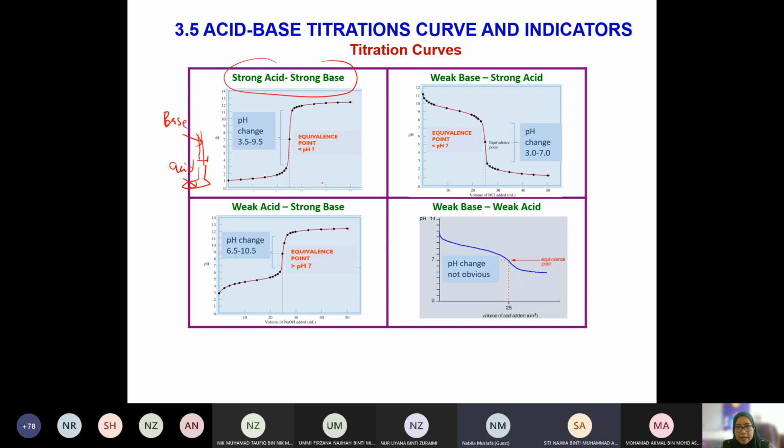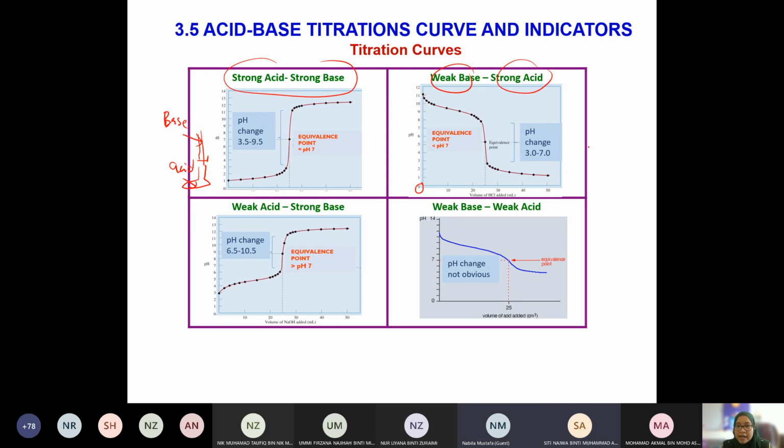Here we have base. So if we have weak base versus strong acid, we see here, for weak base, they start at 0 before any of the titrant is added. The pH is already at 11.